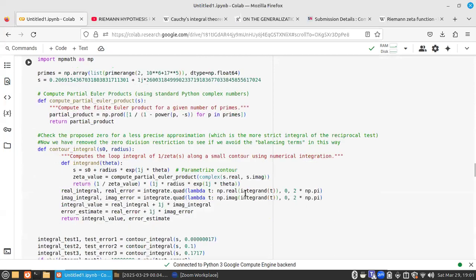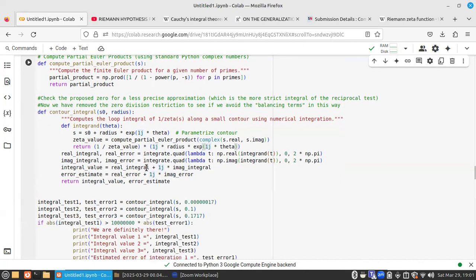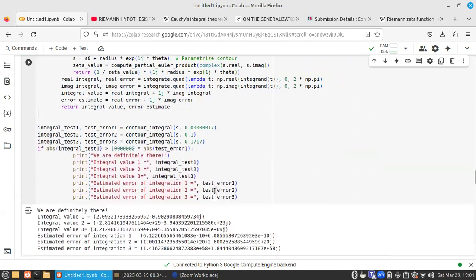And here we've got a snippet for computation of our contour integral. So we use the SciPy numerical integration. I know that it is not quite accurate, but it would be enough for our demonstration.